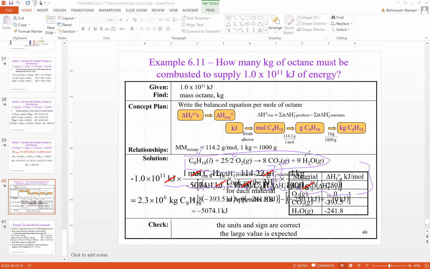The delta H of the reaction is going to be the sum of products minus the reactants.